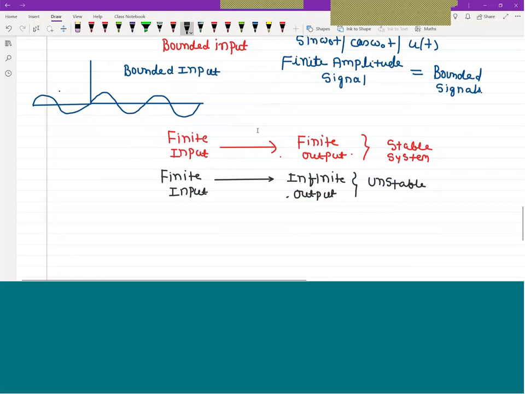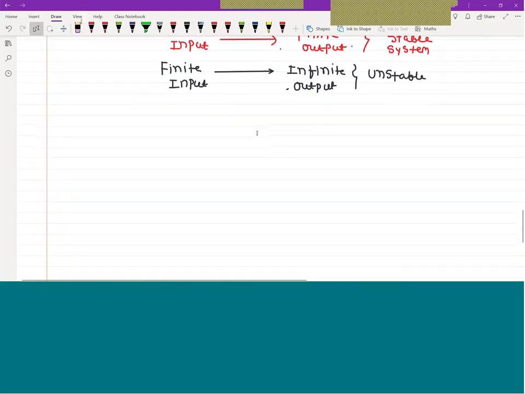So let's start. Let's say I have one example, y of t is equivalent to t times x of t. Now you can take x of t as anything.